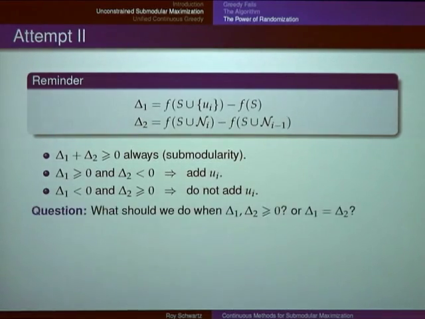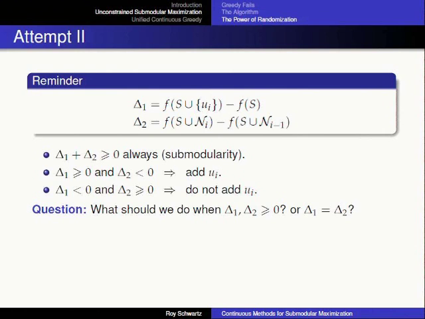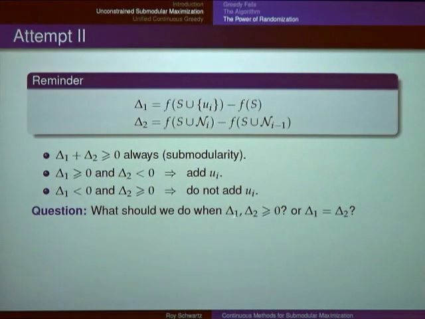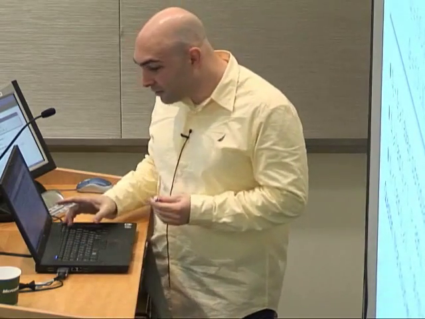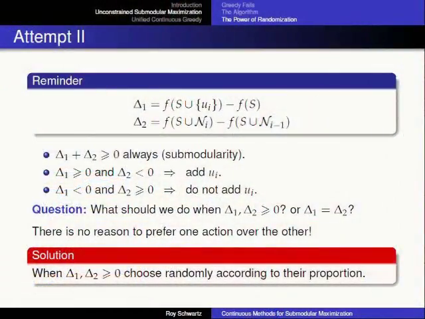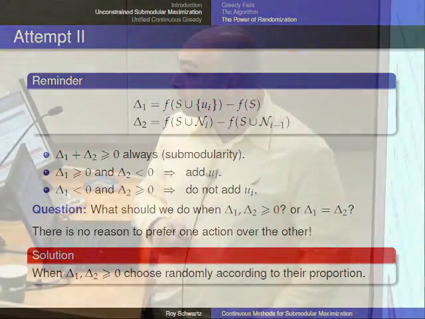But let's say both are beneficial. And let's make the question even harder. Let's say not only both are beneficial, but of the same amount, so it's exactly the same change. So what do we do then? Like everything in life, when you have two options and they both look the same, you just flip a coin. So in this case, where both changes are beneficial, we're going to choose randomly.